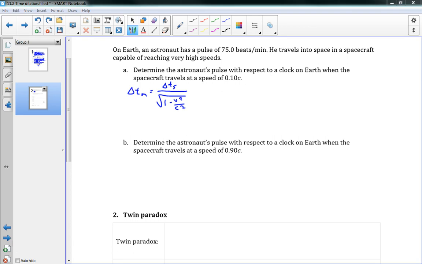So to get my delta Tm, first I'm going to convert 75 beats per minute into the period for 1 beat. So I'm going to say here delta Ts is equal to 1 over 75, and we're going to get a value of 1.34 times 10 to the negative 2 minutes.